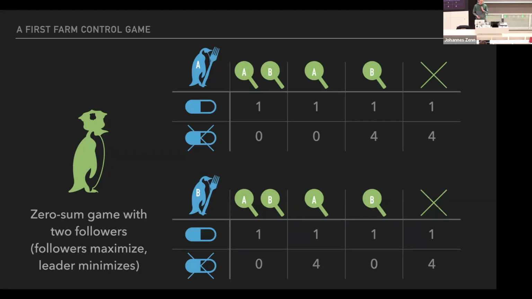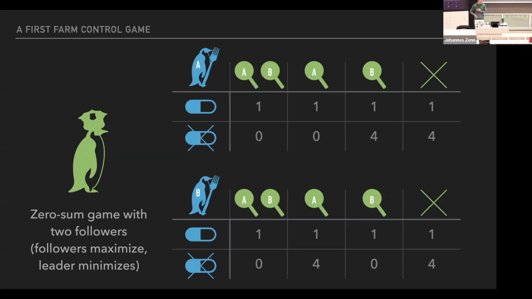Now, looking at this game, looking at the numbers, you're going to observe that for farmer A, for instance, it does not matter whether the regulator goes to farmer B. It only matters when it goes to farmer A. As well, what you're going to notice is that if the leader can commit to the A-B control action, it can guarantee that both of the farmers are going to give the drug.